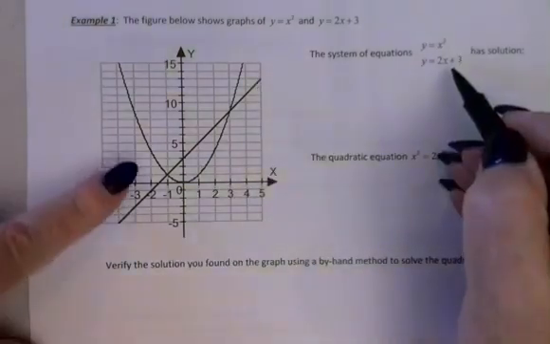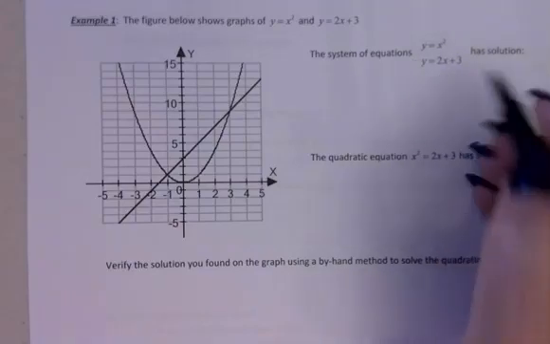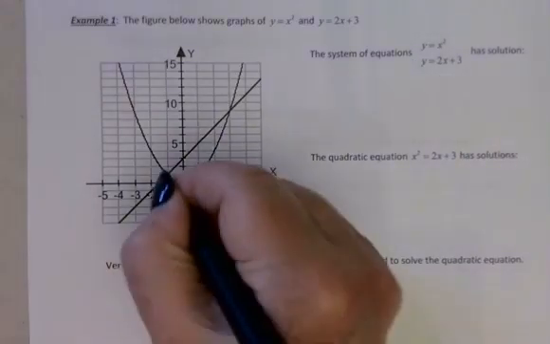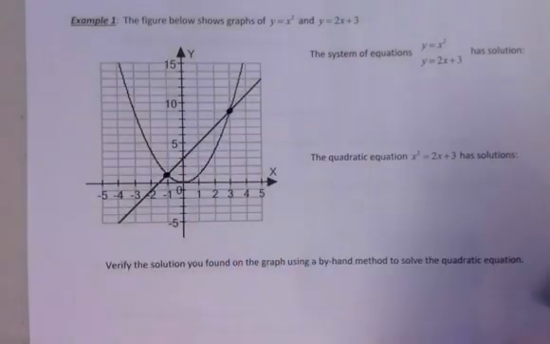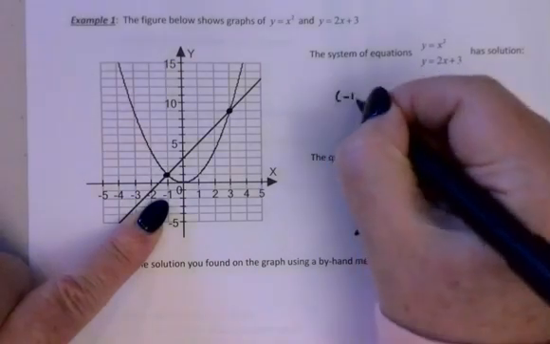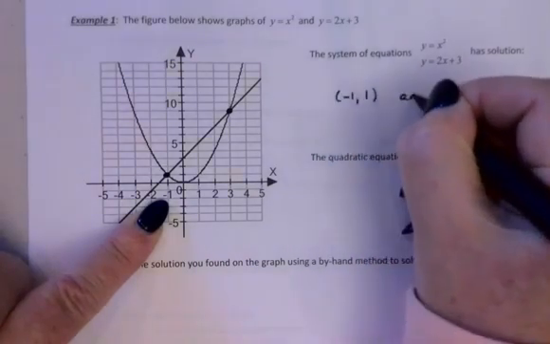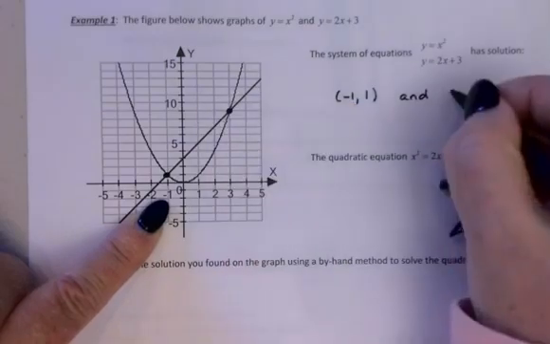Just by looking at this graph, we can see that this system of equations has two solutions. There's one intersection point over here, and another one there. It looks like they are (-1, 1) and (3, 9).